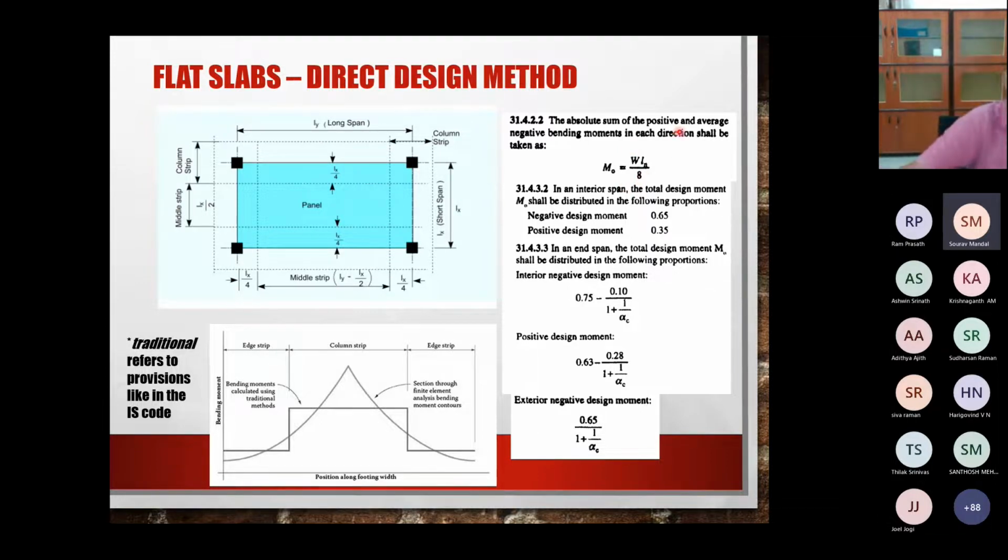In this, capital W is nothing but, I'll show it to you in the code, the distributed load, something kilonewton per meter square, times, if I'm taking the x direction, the x length.